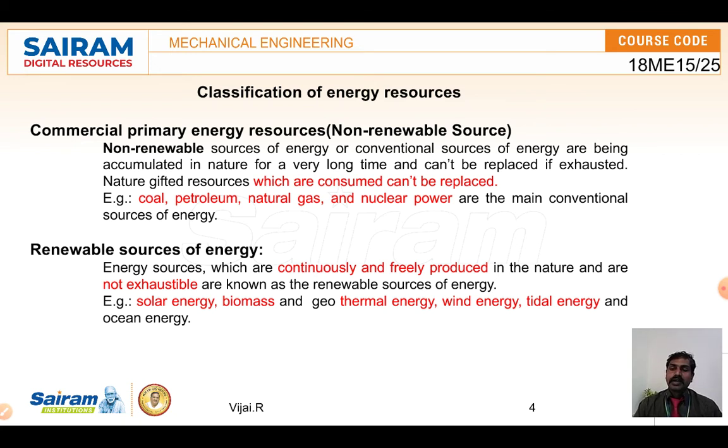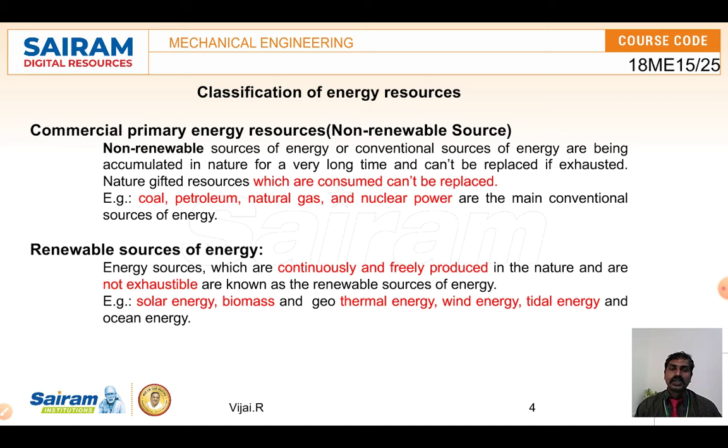So what do we mean by renewable energy? It is continuously and freely available in nature, you can utilize it, and it can be regenerated automatically. If you use one volume, another volume will be available. It is available in nature and is getting renewed. An example is solar energy.